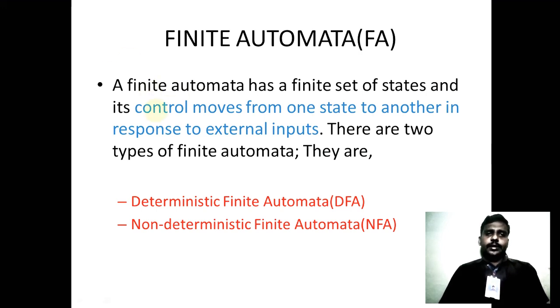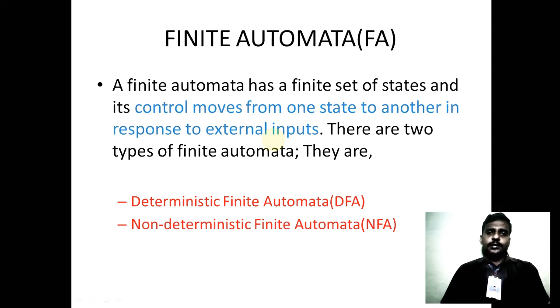So what is finite automata? The definition is: control moves from one state to another in response to external input. That means control moves from one state to another based on some external input. If you want to understand this concept, we have to remember the real-time example of the on and off state of a fan. Now let us assume I want to make the fan go to the off state.